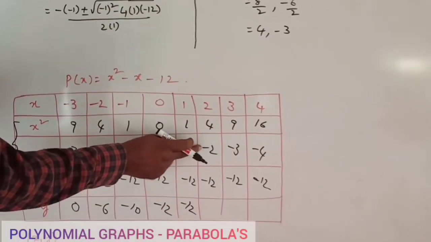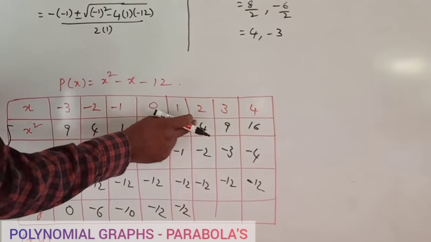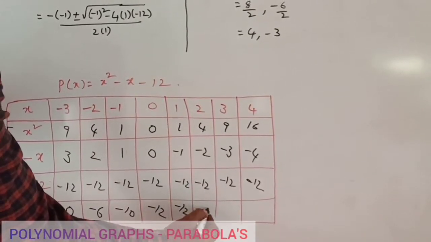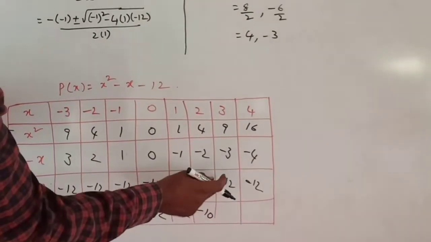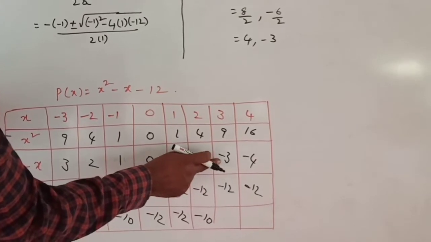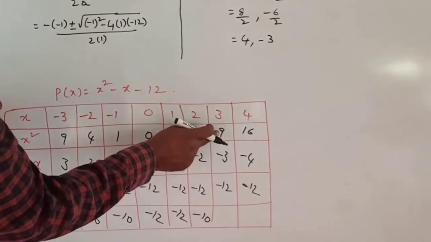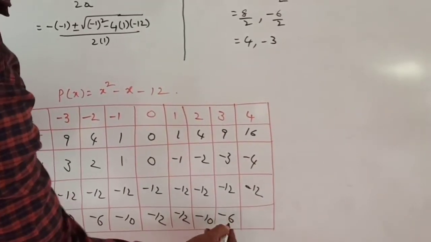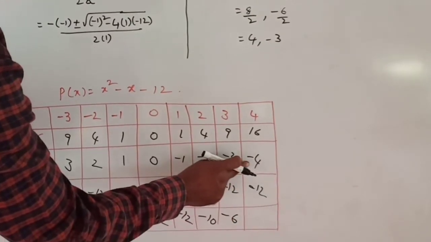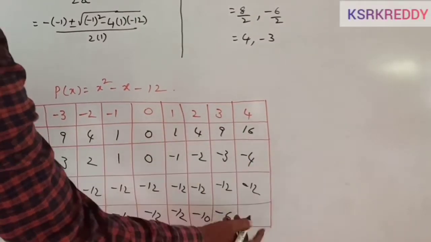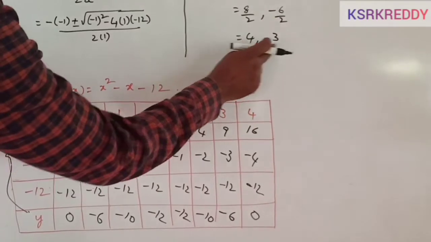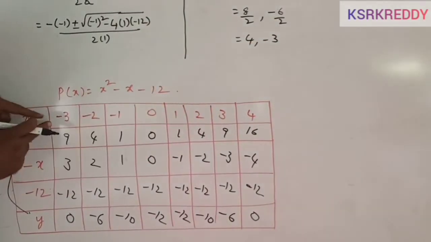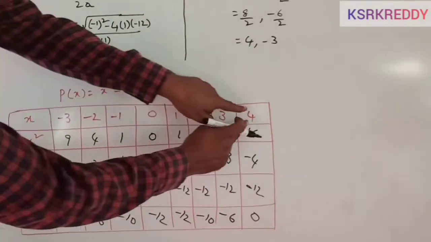Minus 12 minus 2 is minus 14 plus 4, minus 10. Minus 12 minus 3 is minus 15 plus 9, minus 6. Minus 12 minus 4 is minus 16 plus 16, that is 0. So the zeros of the polynomial are minus 3 with value 0 and 4 with value 0.